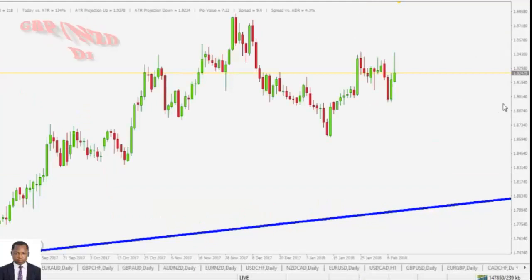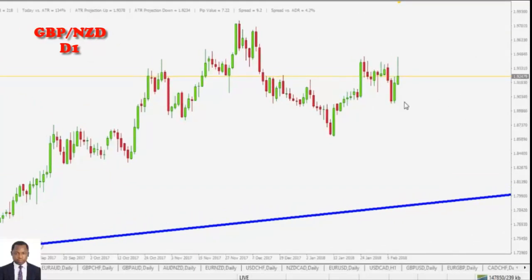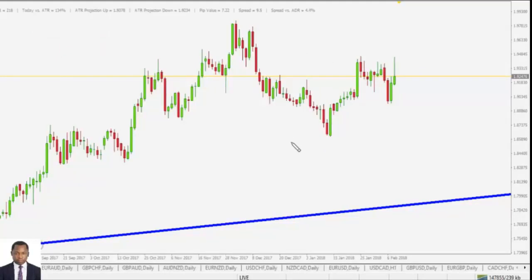Daily time frame, sterling pounds against the New Zealand dollar. What's been going on here? Well, you might want to draw those levels of support and resistance in the daily time frame, trying to figure out the very pattern that is likely to happen here. We have this obvious swing high, but it seems we are having some lower swing highs right here.